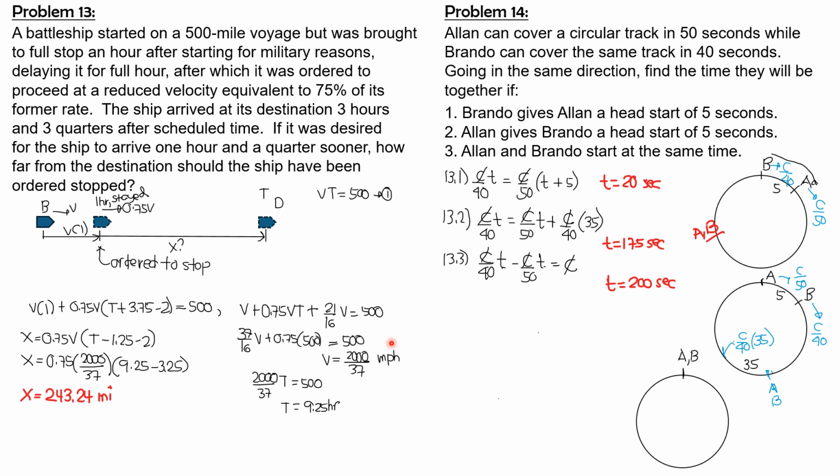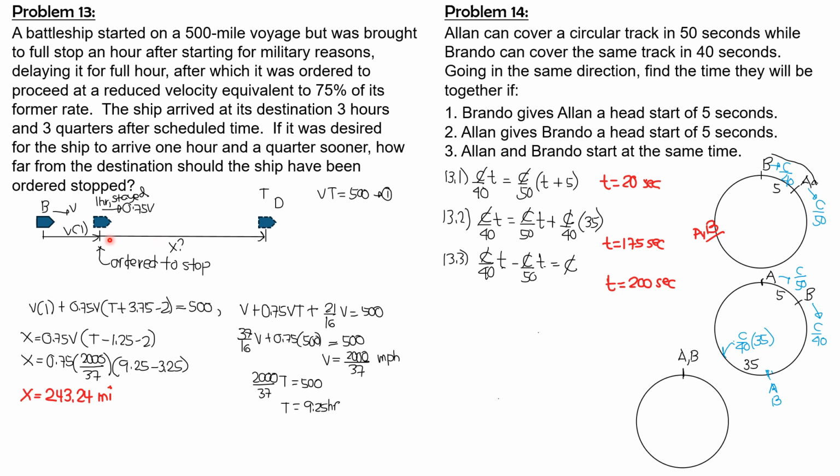Then in this equation here, 2000 over 37 times t equals 500. Then the battleship is expected to arrive at the destination at a travel time of 9.25 hours.